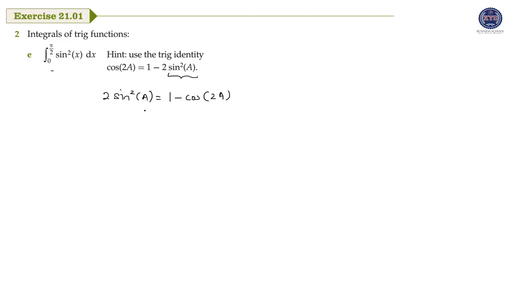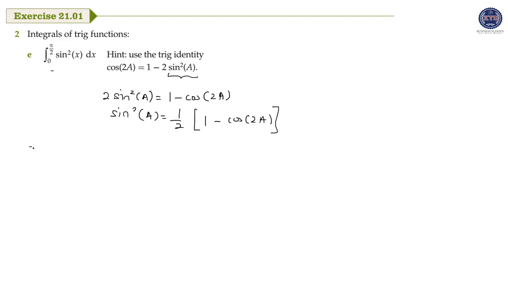It doesn't really matter about the a because this is only a parameter or just an unknown. You can replace it with x later. Alright, so further again, because we want only sin squared, therefore you will get 1 over 2 times 1 minus cos 2a. Then we can use this kind of identity in order to answer this question.